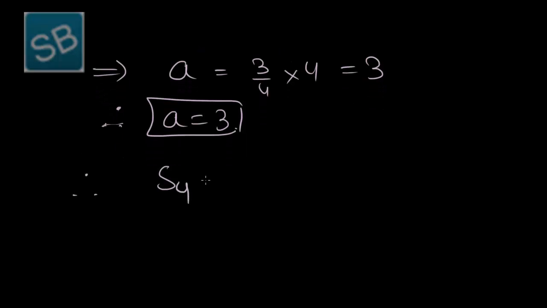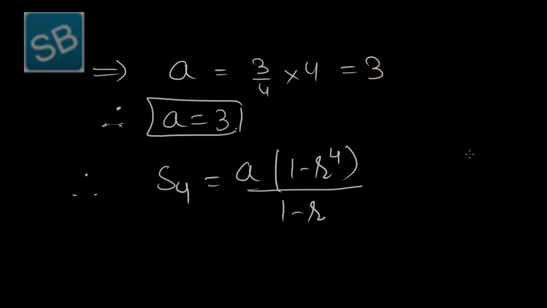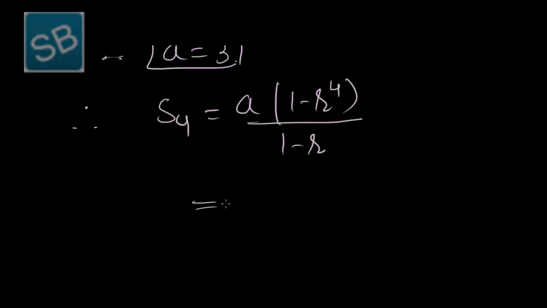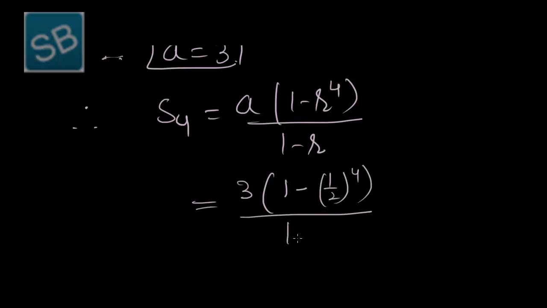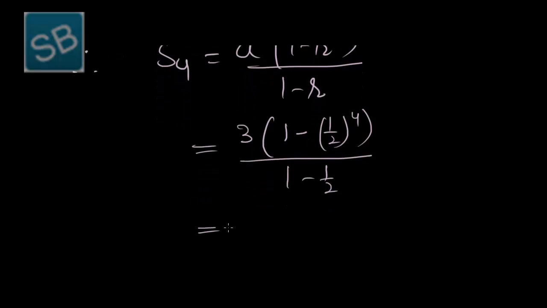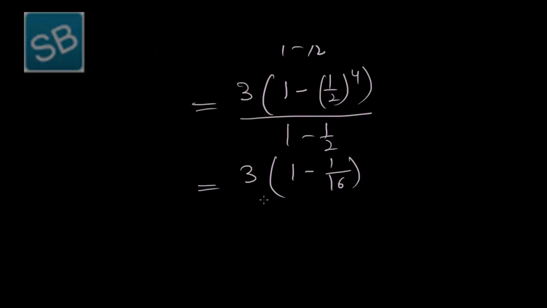Therefore, S4 will be A into, as R is less than 1, it becomes 1 minus R raised to power 4 over 1 minus R. Now we substitute the value of R here. A is 3, 1 minus half raised to power 4 over 1 minus half. So we get 3 into 1 minus 1 over 16 over 2 minus 1 over 2.